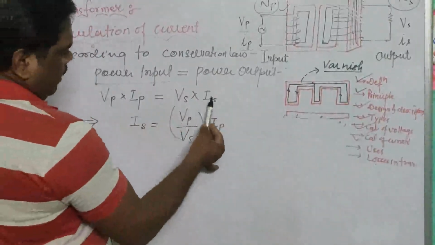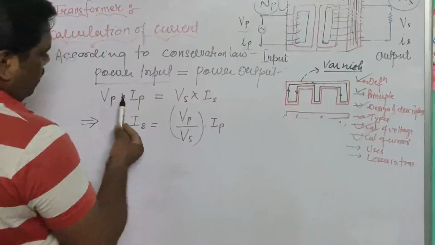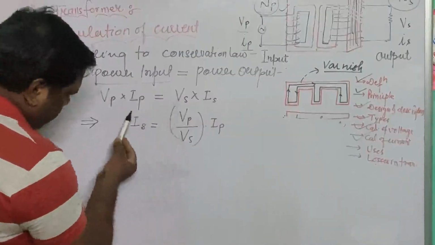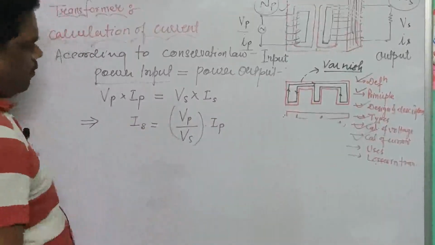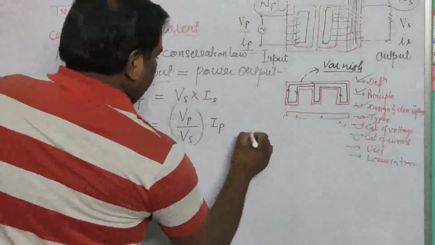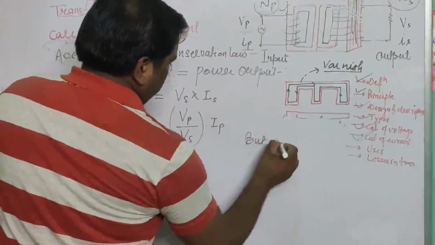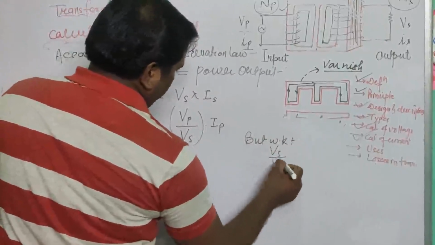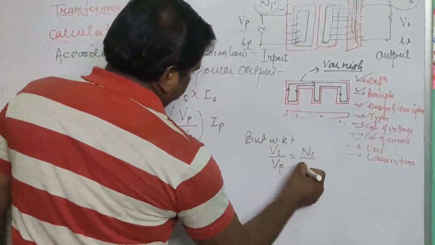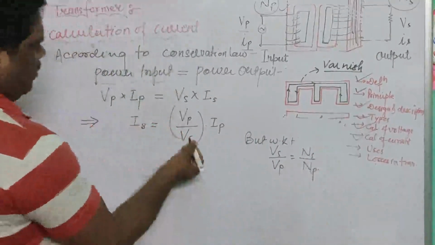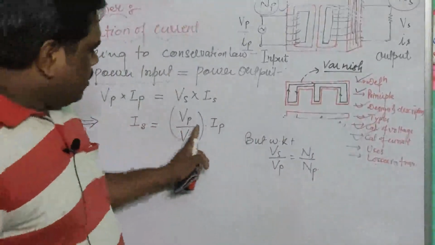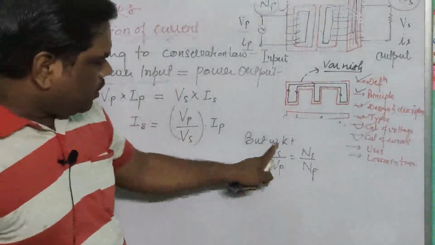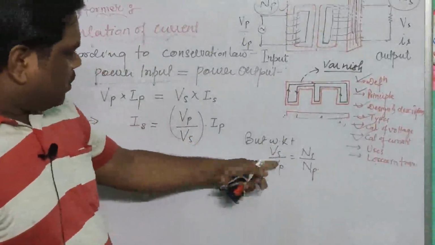This Is will be equals to Vp into Ip divided by Vs. But we know that Vs upon Vp is equals to Ns upon Np. Here Vp upon Vs, so what can we write here?